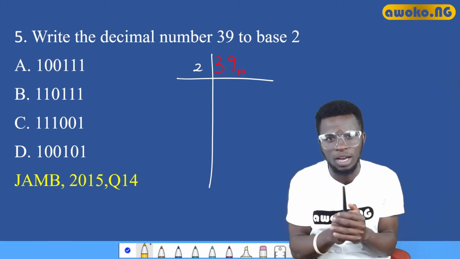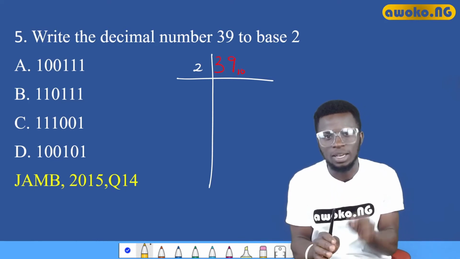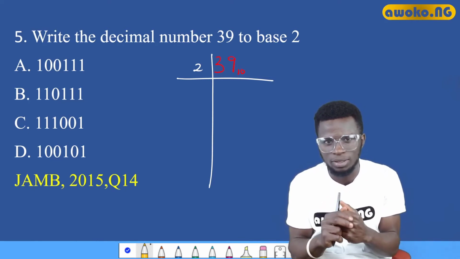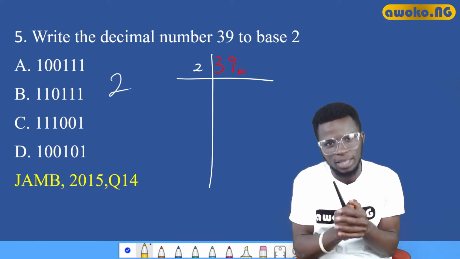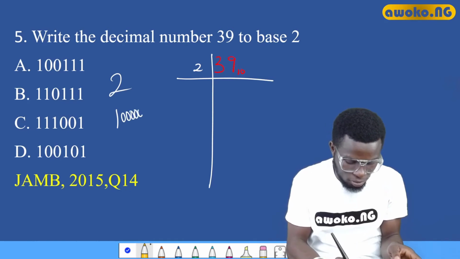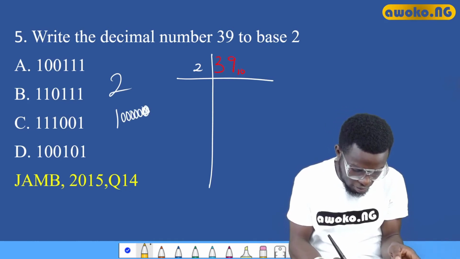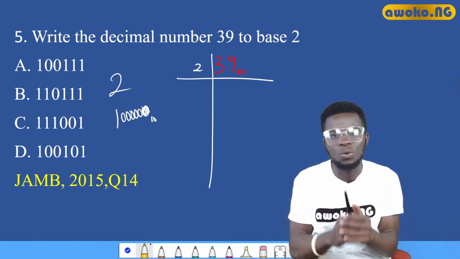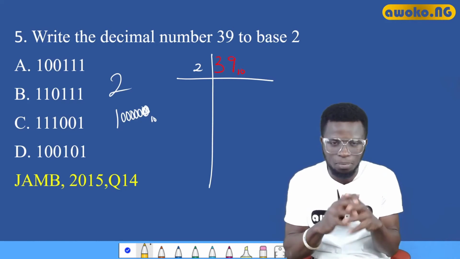Before we go further, I would like to know that every number whatsoever is to a particular base. For instance, the number 2 is base 10. Number 1, 2, 3, 4, 5, 6 is to base 10. So any number whatsoever, the default setting is base 10.